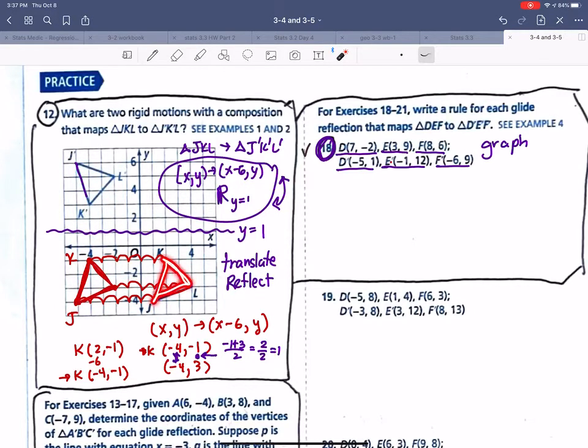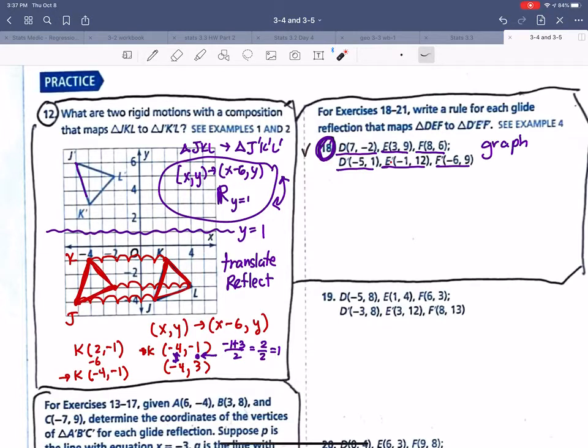Now, some students said I could have flipped it and then scooted it. And that would have been fine too. Now we can also figure this out with our coordinates.